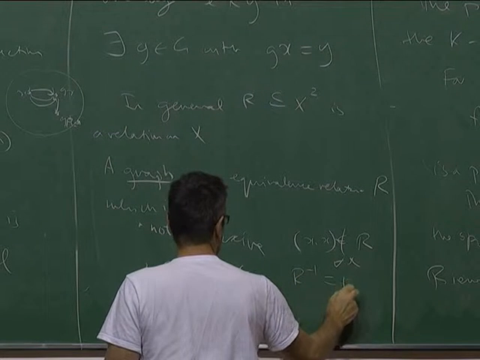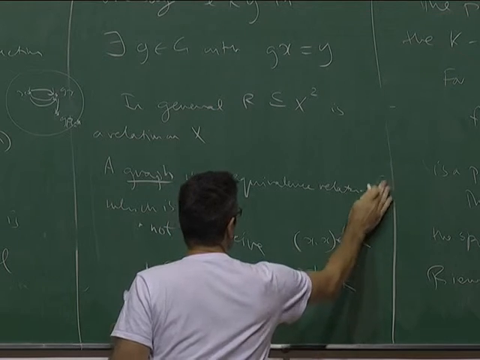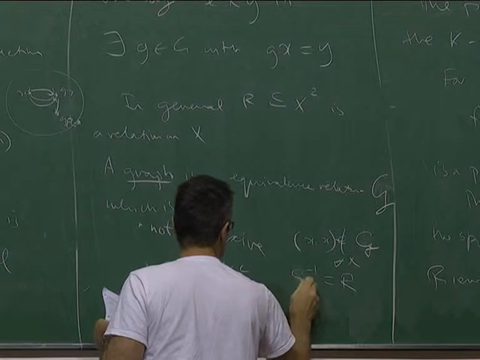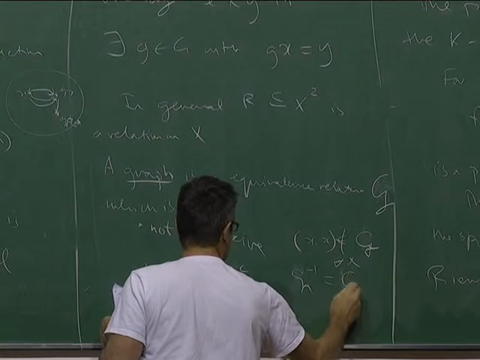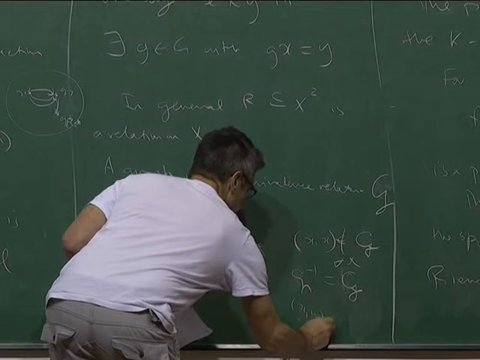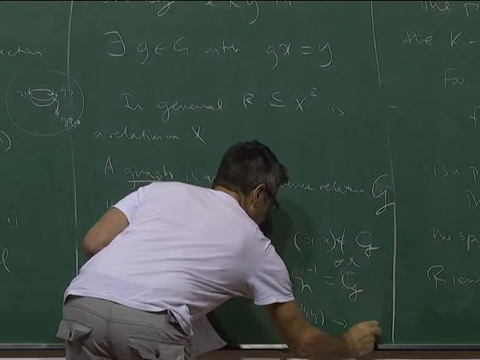Well, maybe I'll call it curly G. G inverse, of course, is if you take (x, y), (y, x).